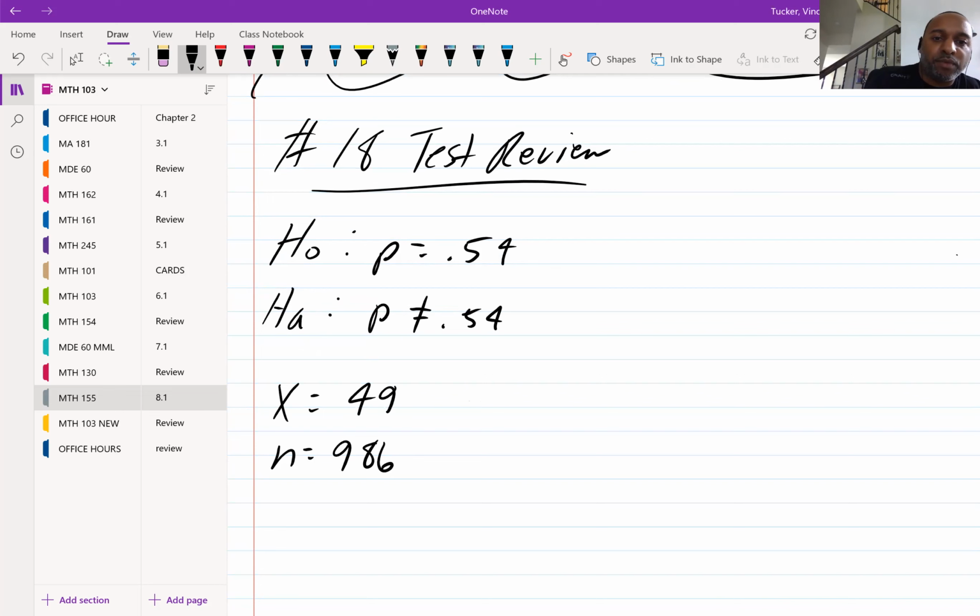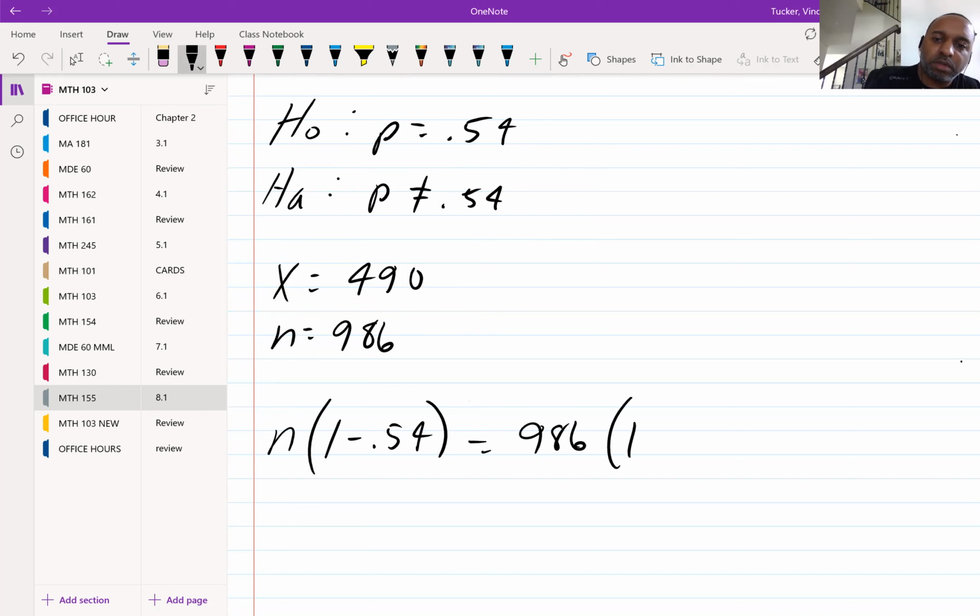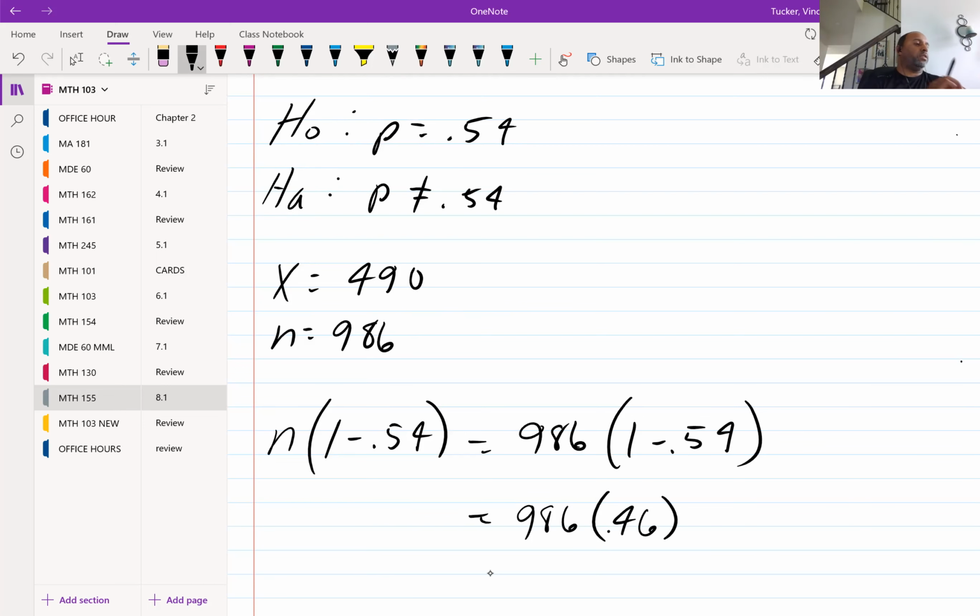So that means x is going to be 490. All right, so let's go ahead and calculate that out.